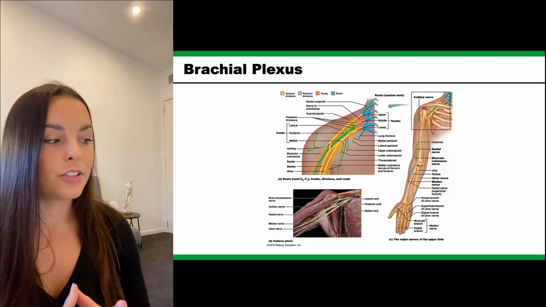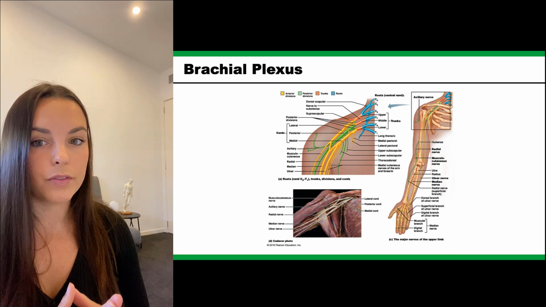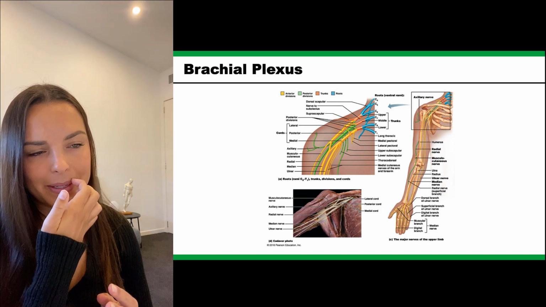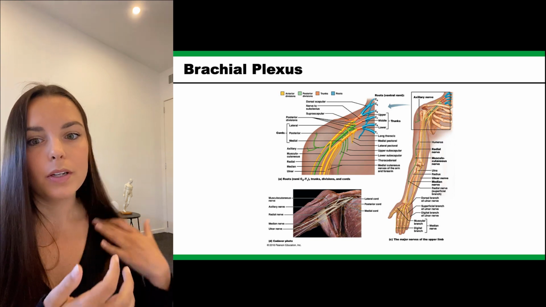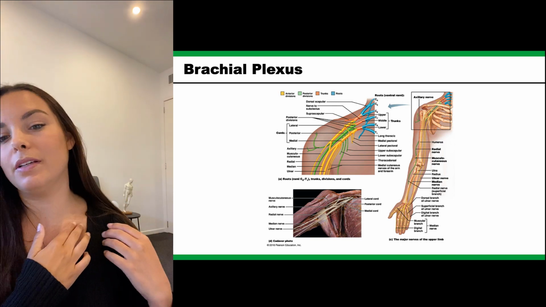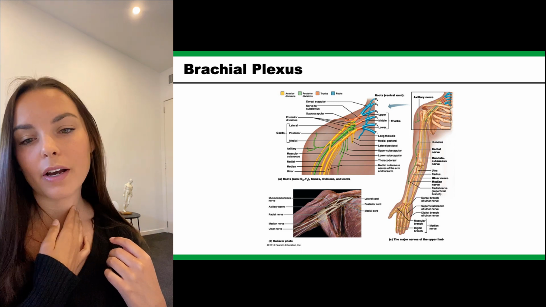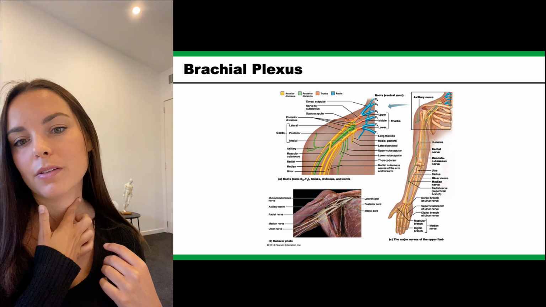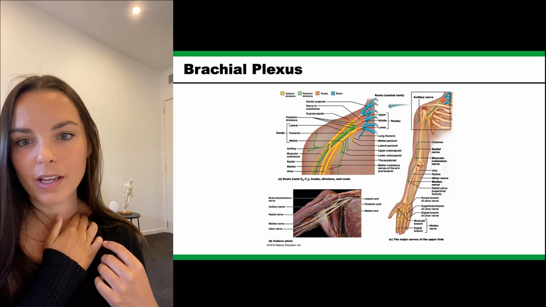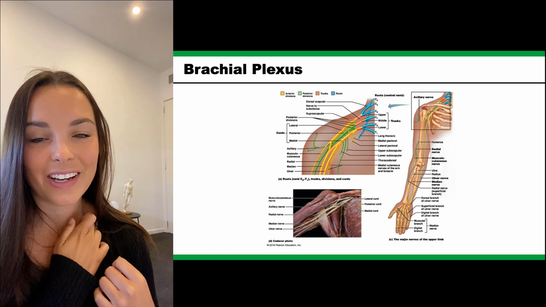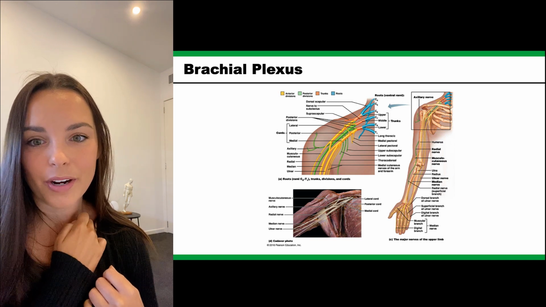And it's actually quite a common site of injury, this brachial plexus, and you can feel it on yourself as well. So if you press into your neck above your clavicle, just to the side of that sternocleidomastoid muscle, which is that big muscle in the front of your neck, if you press in here, you can feel all those stringy bits, and you're actually feeling that brachial plexus.